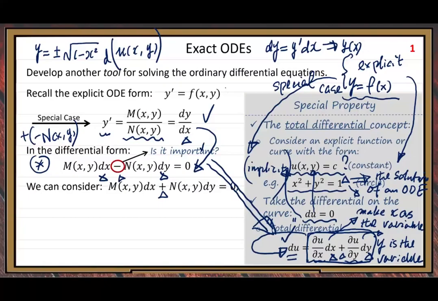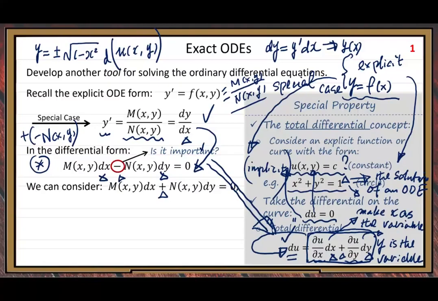How about when we write the f function, we add that negative sign, or we write a negative sign in front of this fractional form. That's easy.